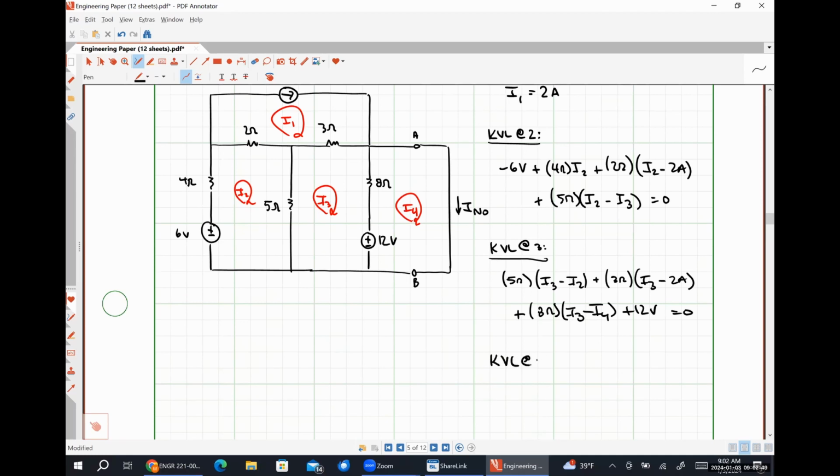And then lastly, KVL at mesh 4, negative 12 volts plus 8 ohms times I4 minus I3. That's it, is equal to 0. All right, so we have another 3-equation, 3 unknown system.